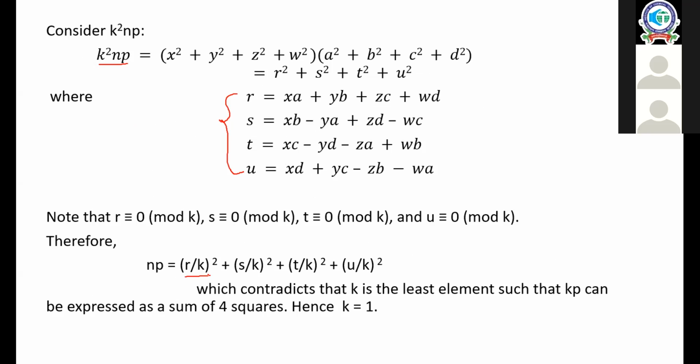In particular, that K divides R, K divides S, K divides T is the main crux. It took me a little while to figure that out. But if you go backward, you realize that if I can prove that, then NP is written as a sum of 4 squares, and N lies between 0 and K, which gives the contradiction for K being the least. Sometimes it is better to go backwards, and we may realize what is happening.